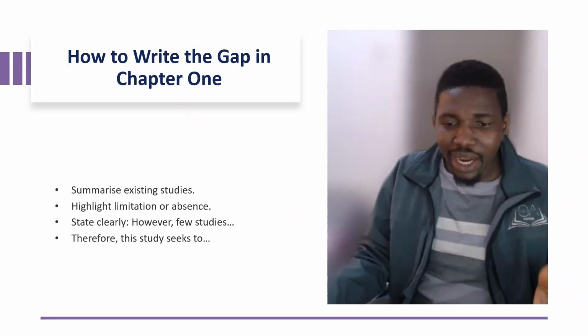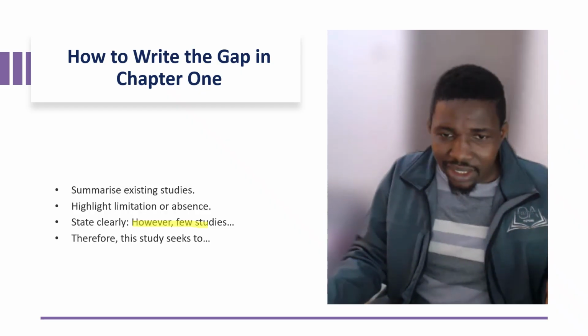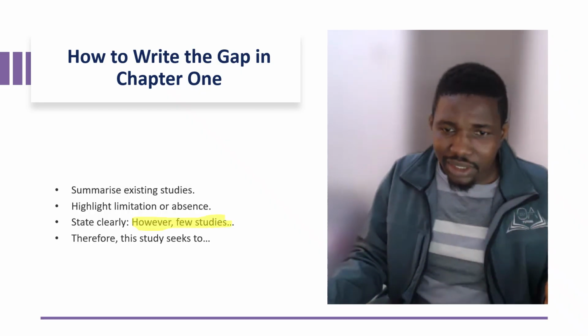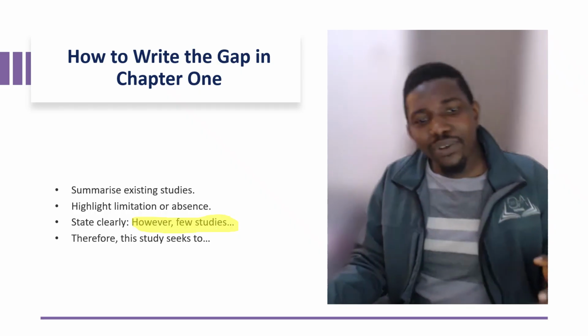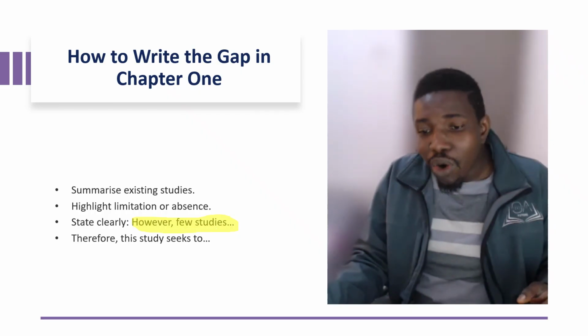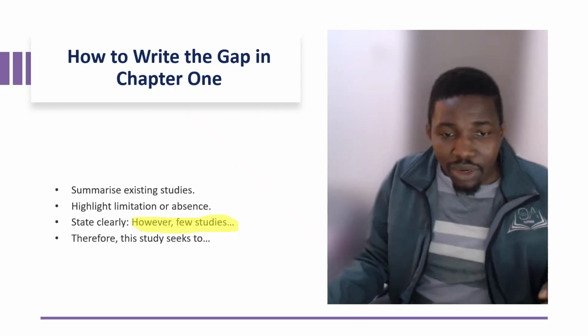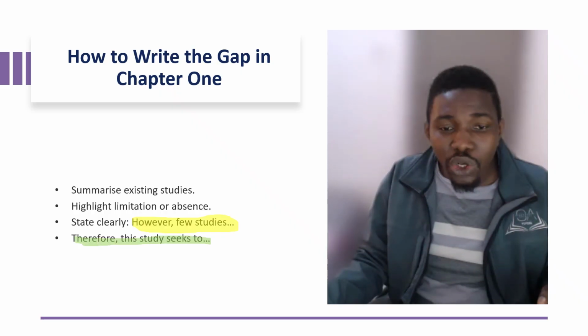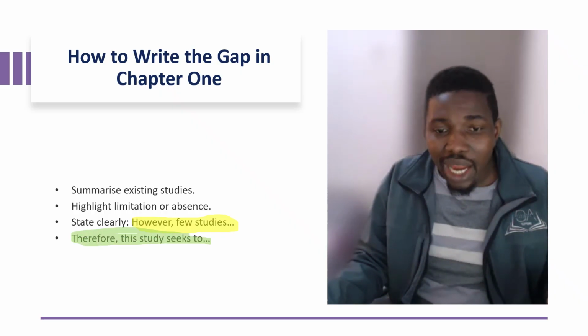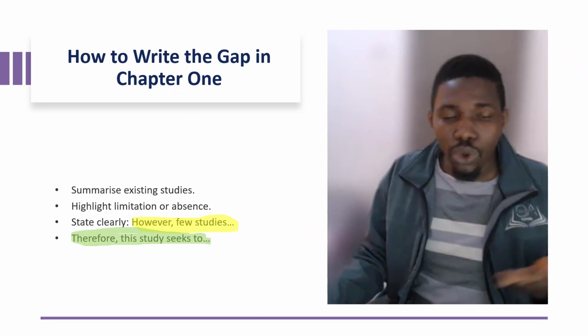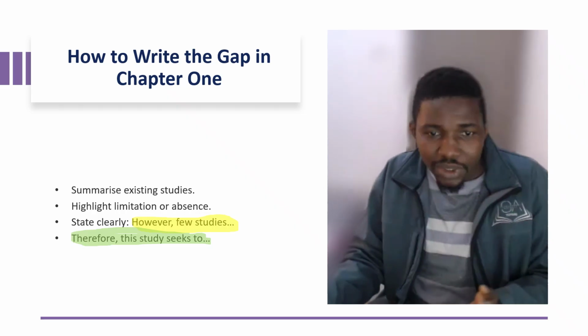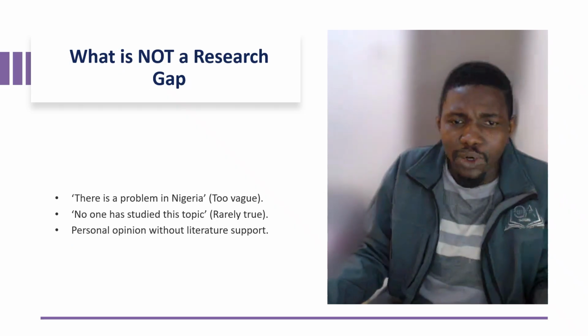This is a sample statement starter. "However, few studies." So therefore, your own coming in, what you'll be doing: "therefore this study," that is your own study, "will now do..." Just be free to use your words.